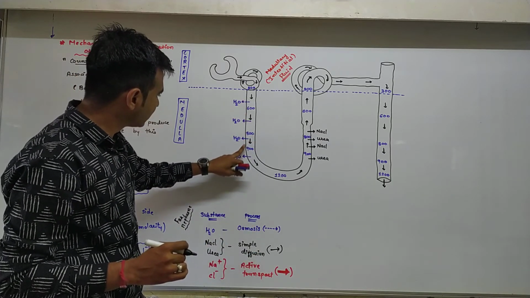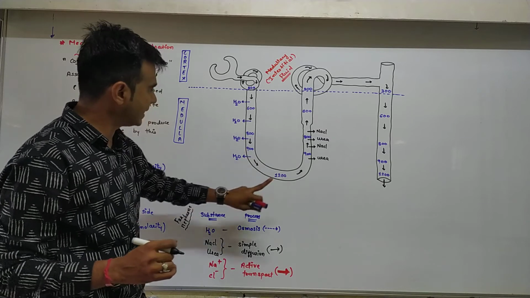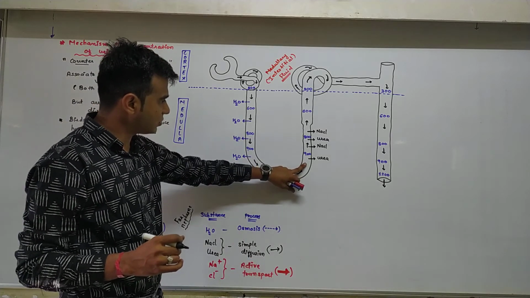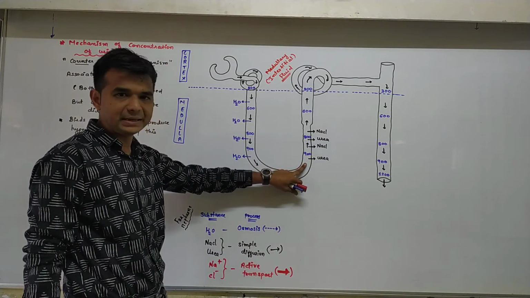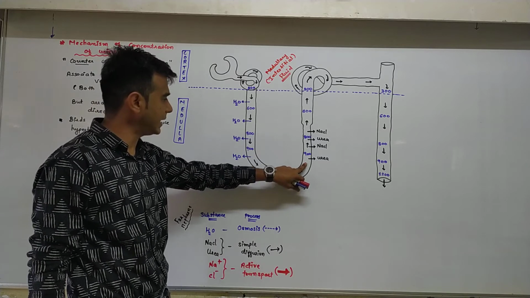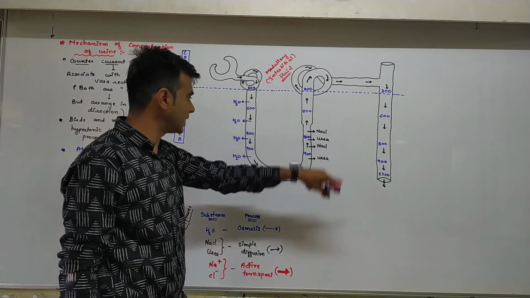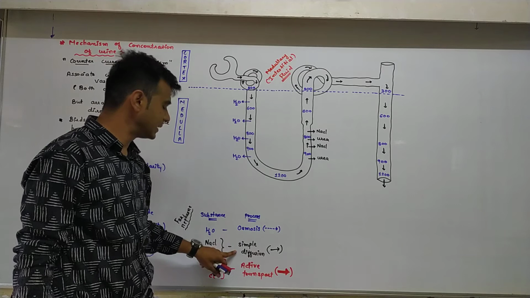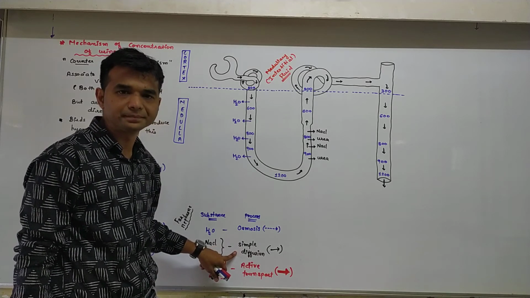This indicates the osmosis process. From the narrow region of the ascending limb of the loop of Henle, NaCl and urea come out through simple diffusion.